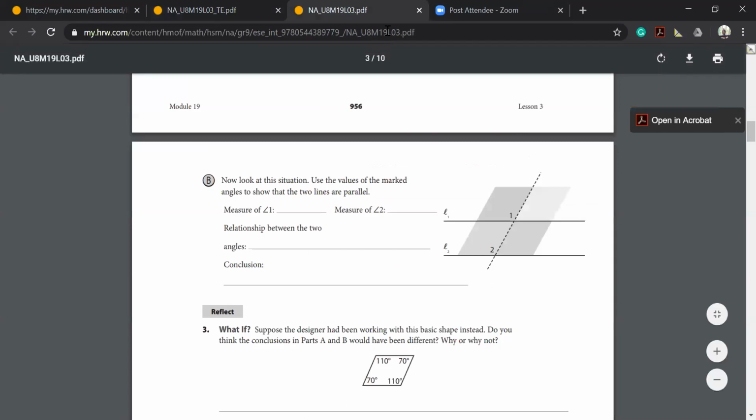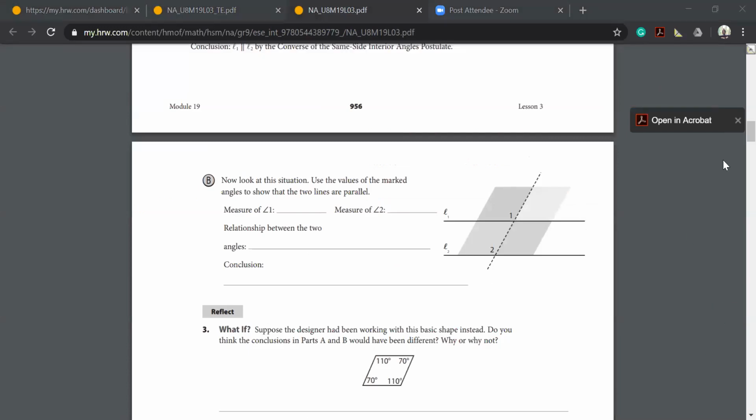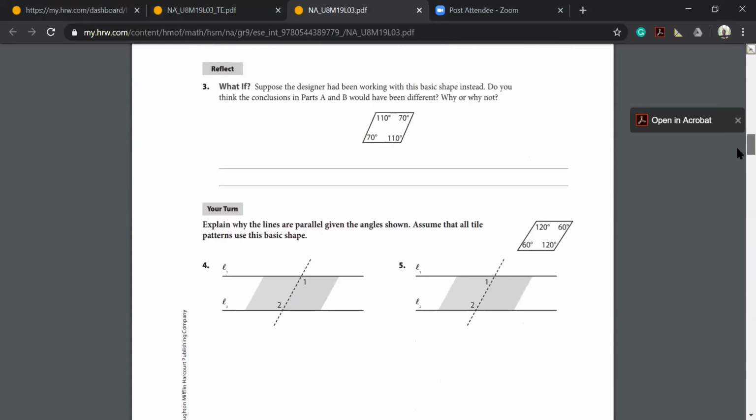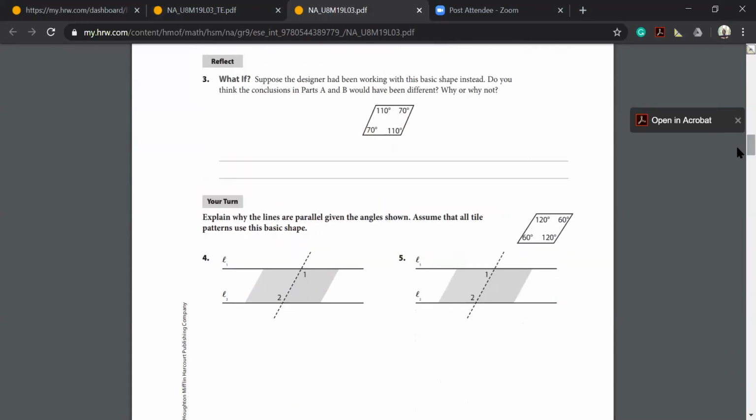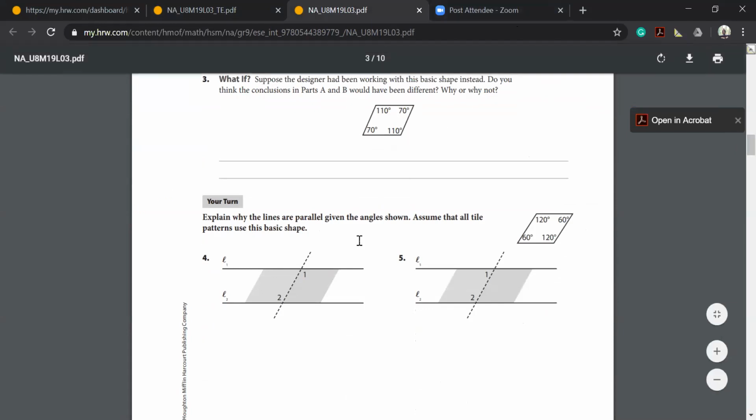Okay, let's go to the next part in here. For your turn, you are supposed to do this. You have to tell me which converse applies, what angles 1 and 2 here are, and what 1 and 2 here are.